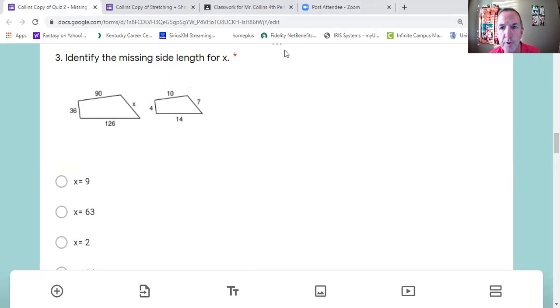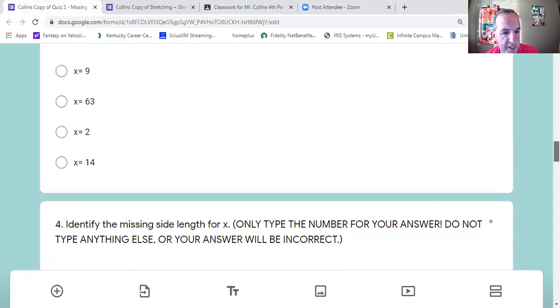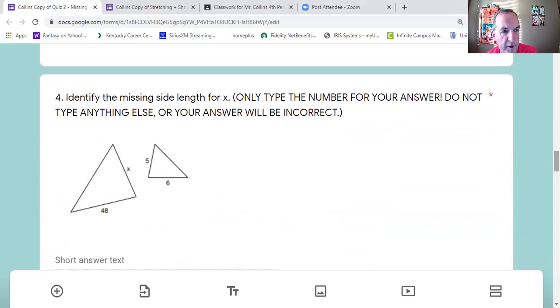And to do that, we are going to go from the 10 over to the 90. Our answer is going to be greater than 1. So that means we have to divide 90 by 10. You know in your head that that's 9. And then this side corresponds to this side. So we take that 9, multiply by 7. That's how we get to our answer. Of course, these are just examples, but that would give you the answer of 63. That's where that came from.